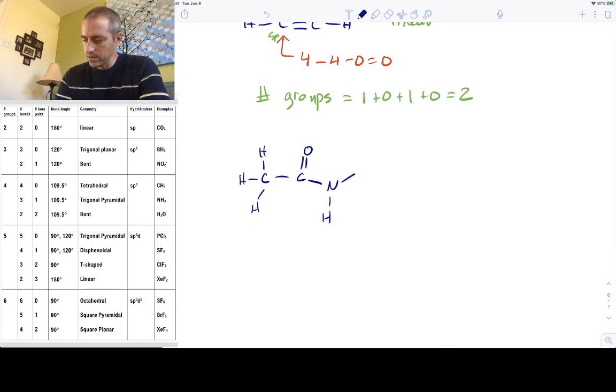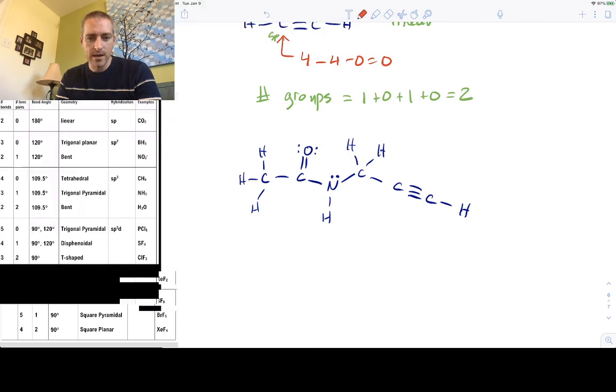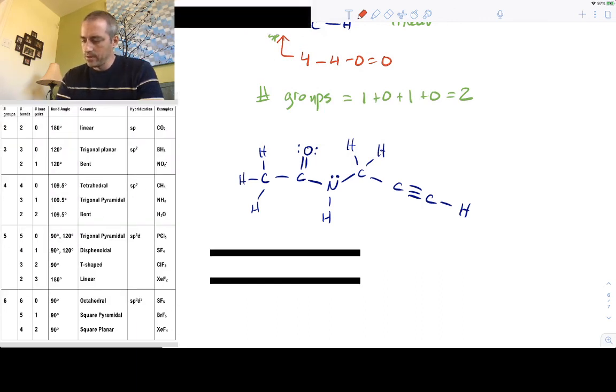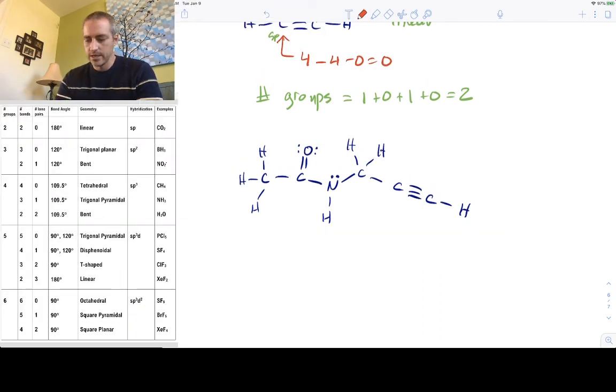Let's go carbon, hydrogen, hydrogen, carbon, bond, bond, bond, carbon, hydrogen. So here's a molecule where we have multiple central atoms, and this would still be considered a small organic molecule. And we can have different hybridizations on multiple atoms.